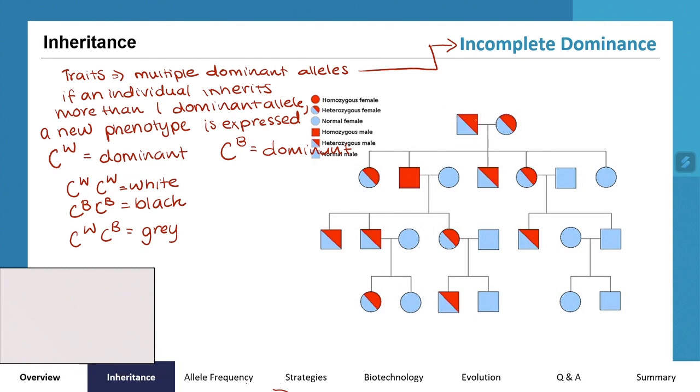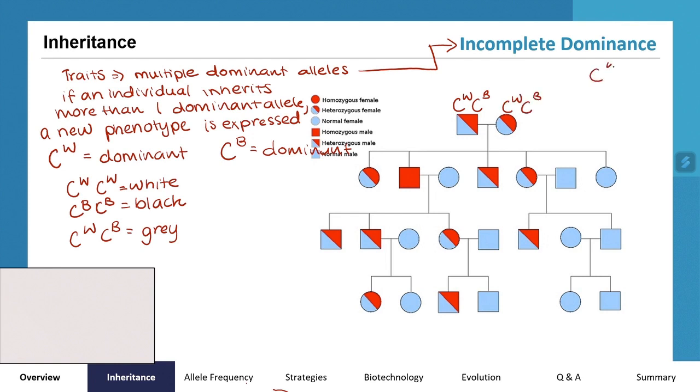So here, for example, a checkered box on a pedigree chart means that they've got both copies of the dominant allele. So this could be CWCB. The mother is also CWCB.